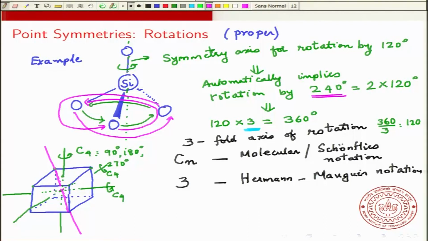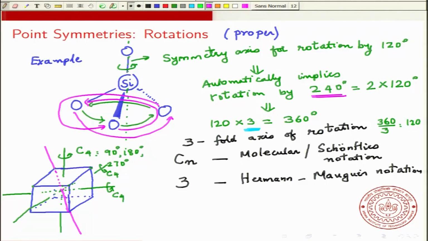Okay, so this is what we are saying. And this axis, okay, probably better to show this in dots. So let me show this way. Okay, so it goes through the center of the cube and comes out from the other side.